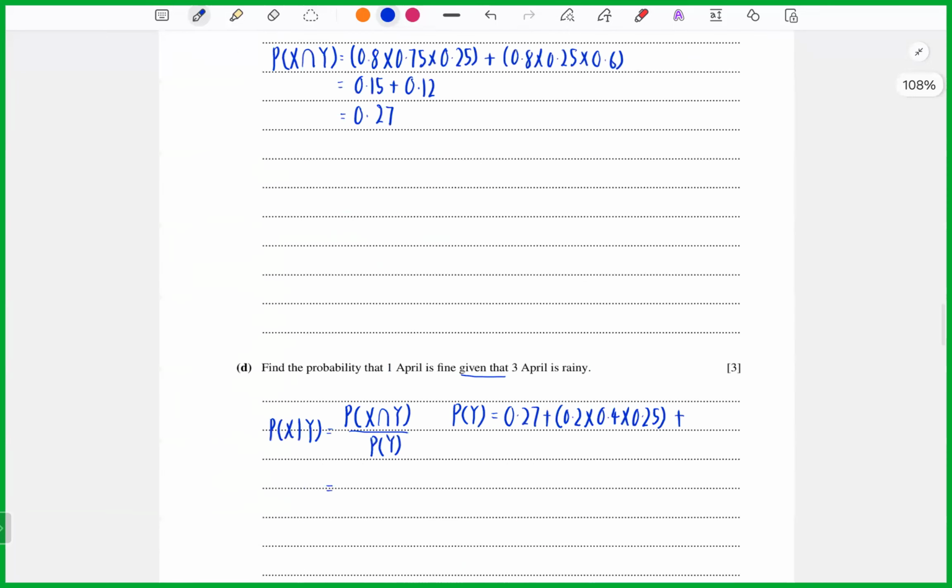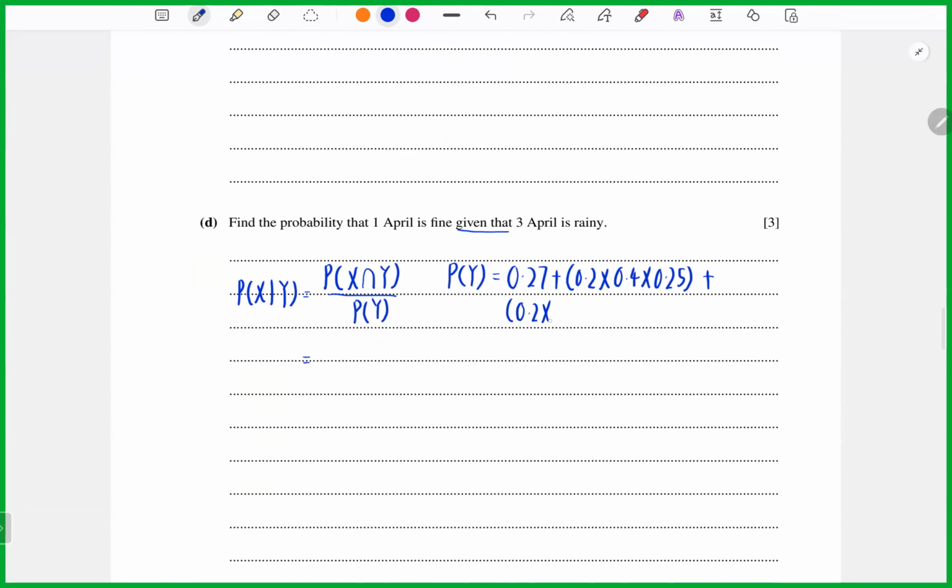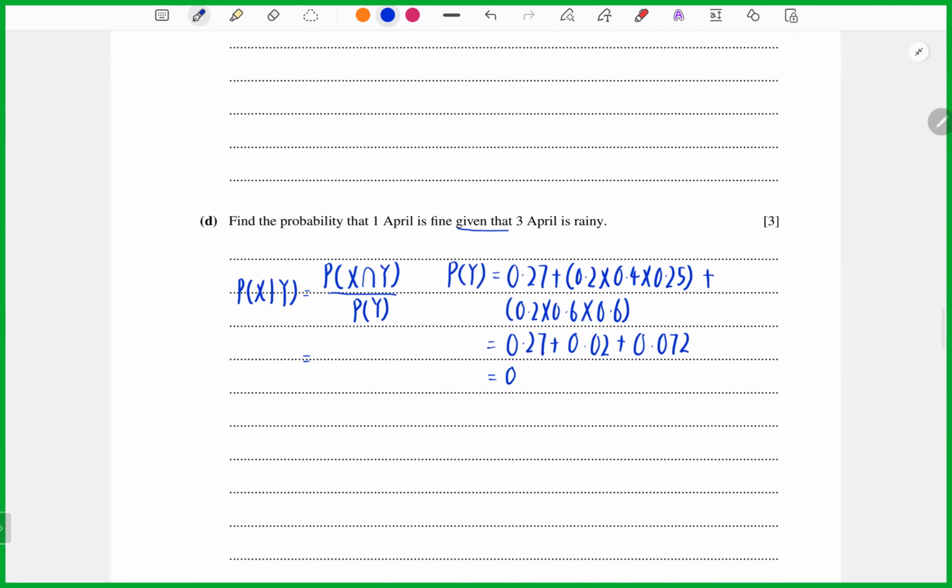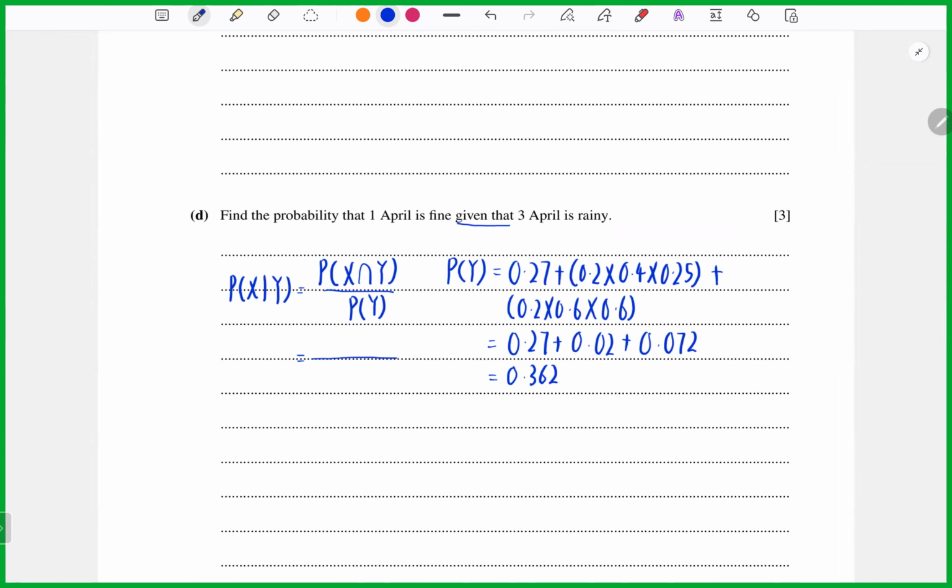So you take 0.27 plus 0.02 plus 0.072, and you will get a total of 0.362. For P(X and Y) we also have the answer here, 0.27, and the probability of Y is 0.362.